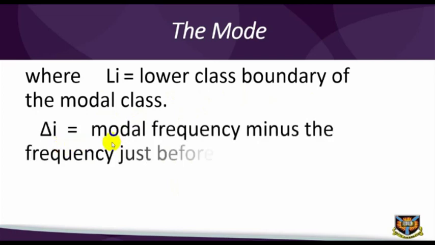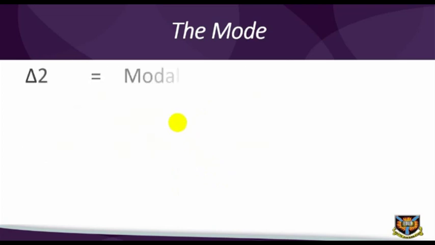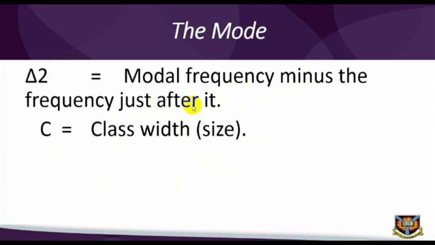Delta 1 is equal to the modal frequency minus the frequency just before it. Delta 2 is equal to the modal frequency minus the frequency just after it. C is equal to the class width, or size. See the illustration in Example 4.3 below.